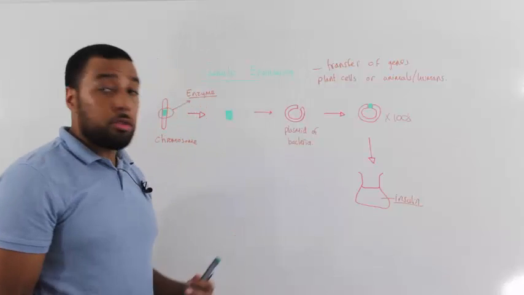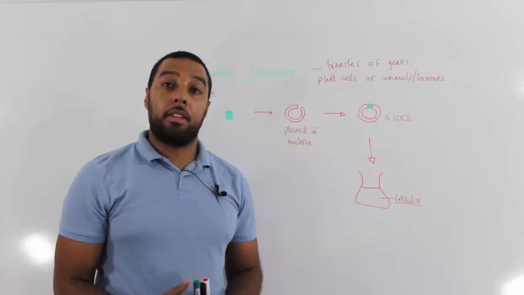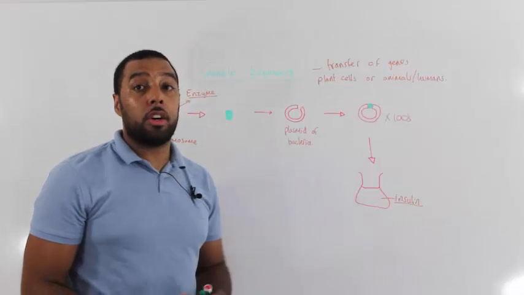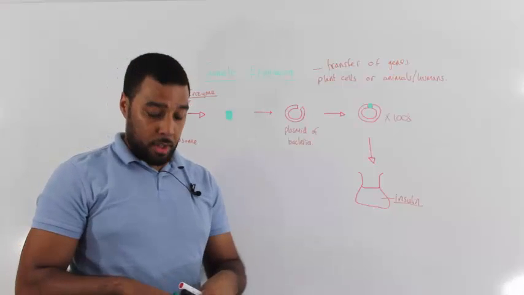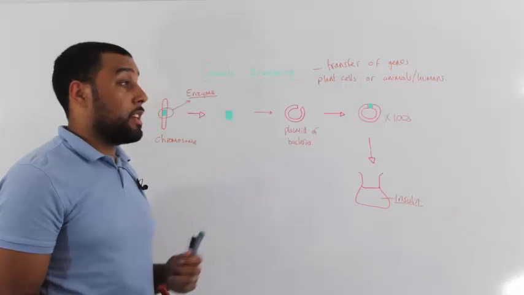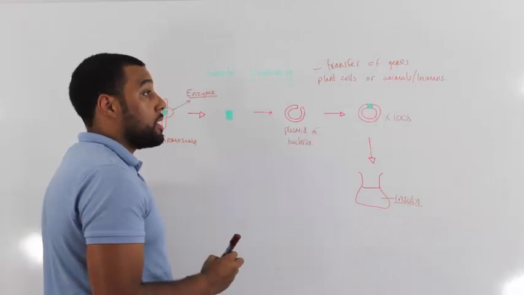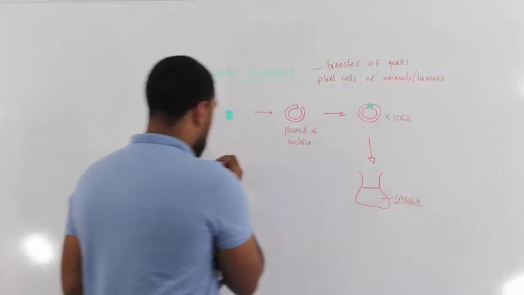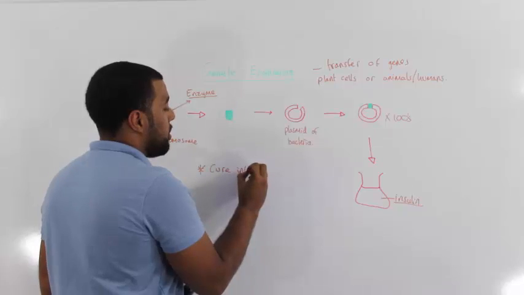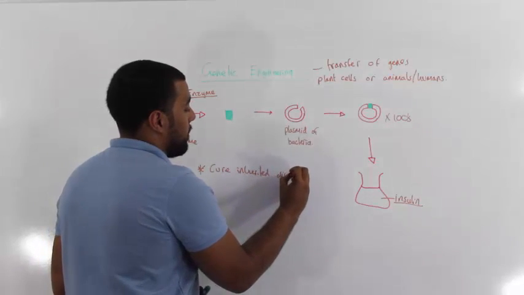Now, there are some benefits of being able to carry out genetic engineering. And there are also some concerns regarding genetic engineering. One of the major benefits of genetic engineering is that we could use this process here to cure inherited diseases.